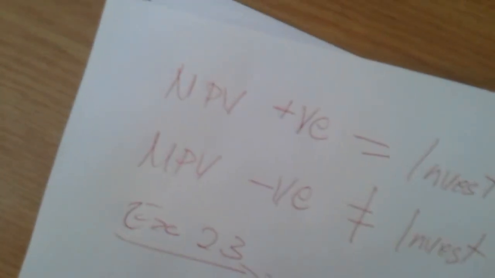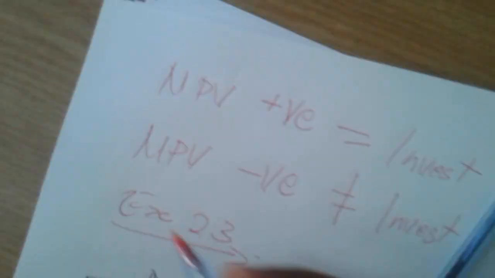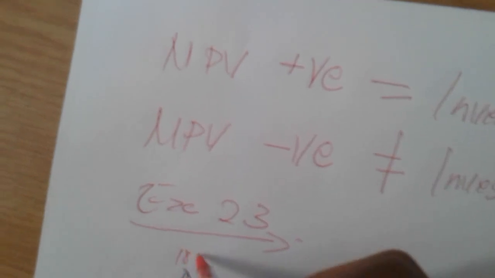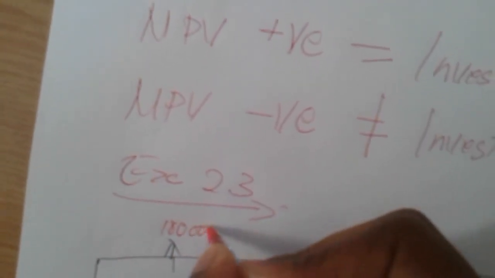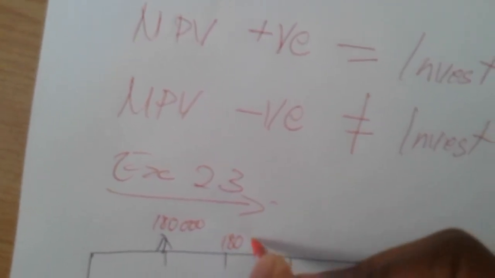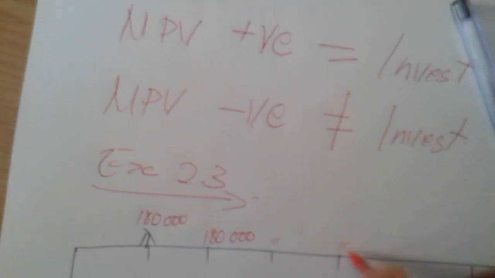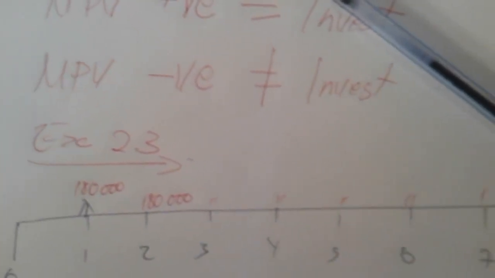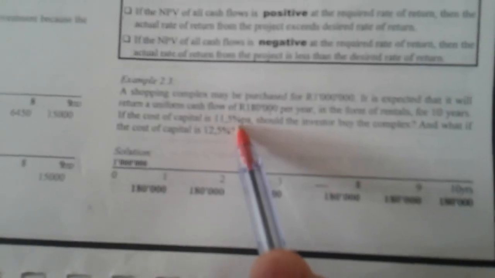And per year, we're receiving how much? 180,000. Same, 180,000. Okay. Now, if the cost of capital is 11.5, should the investor buy the complex?